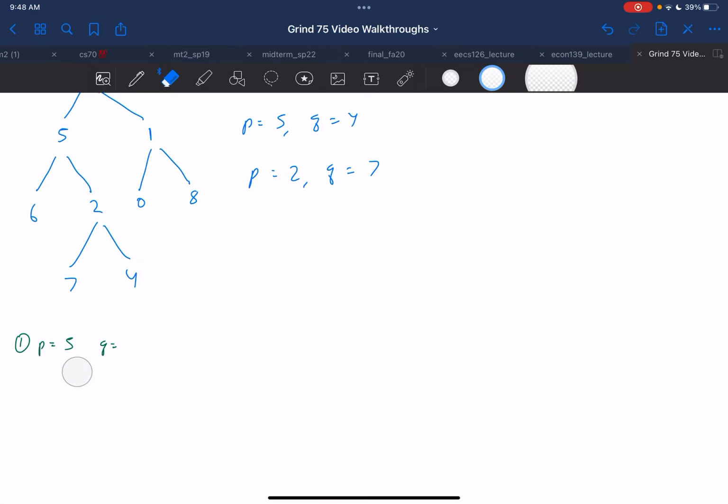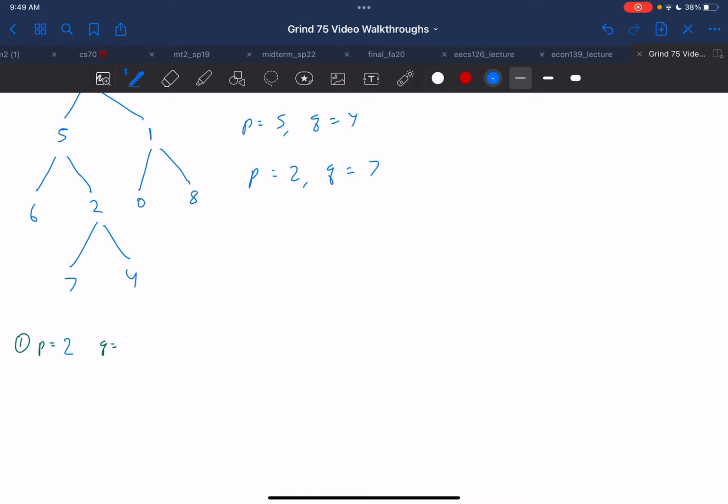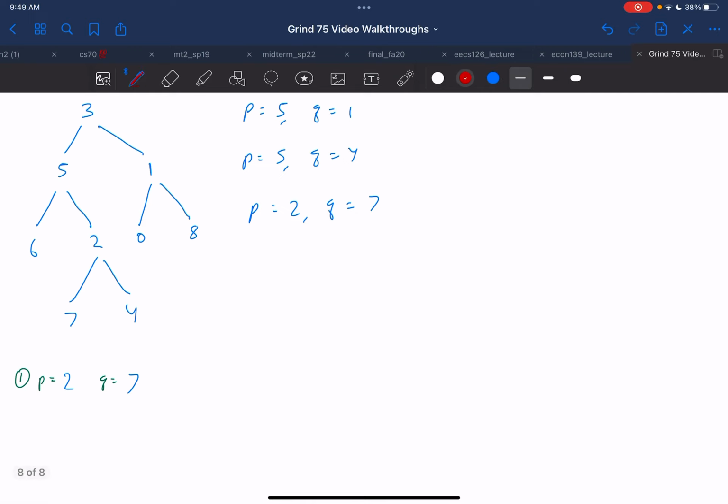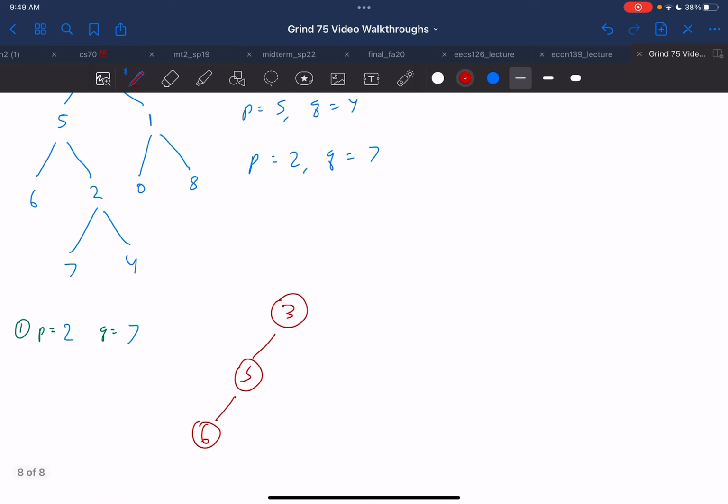Now let's go to the final case where P equals 2, Q equals 7. Again, start at 3, go to 5, go to 6, and we return null from 6, so L equals N. Now we go to 2, and 2 is equal to P, so we return 2.